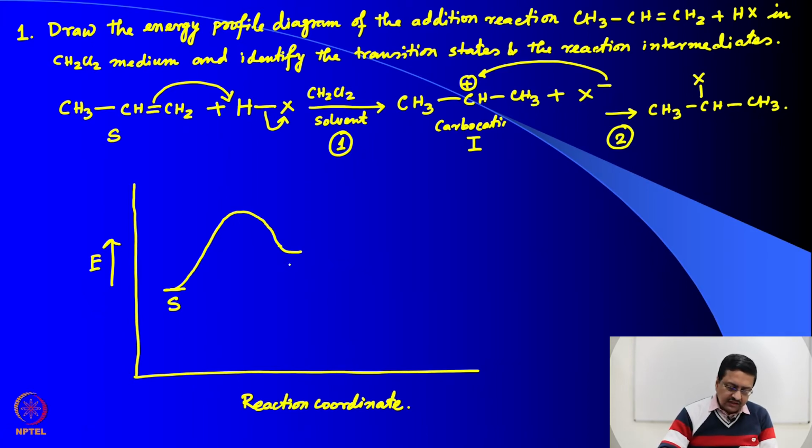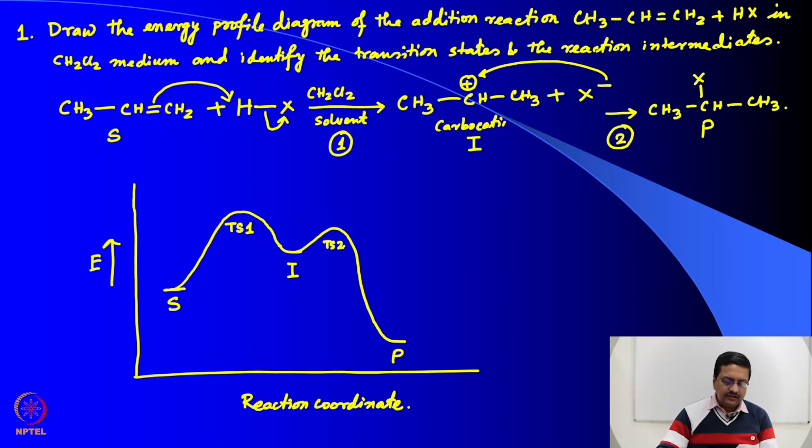So this is the reaction intermediate I, the carbocation, and then the carbocation reacts with X minus to give you the product P. There are two transition states, TS1 and TS2.